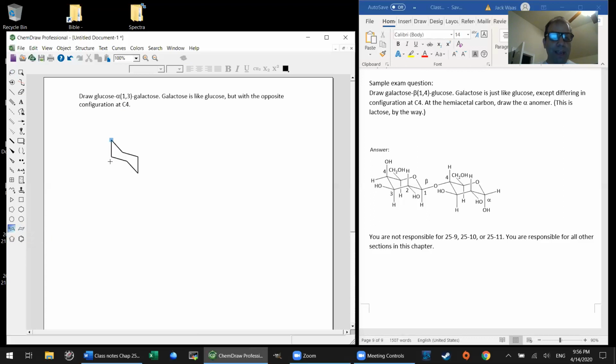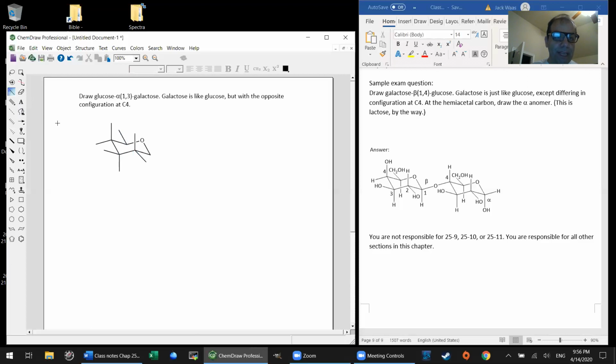Good, so let's see. I am able to draw whole chairs pretty easily. I could draw the entire galactose molecule if I really wanted to. Actually, the first one's going to be glucose, right? We're going to start with glucose. That means all of my non-hydrogens on my ring will be equatorial.